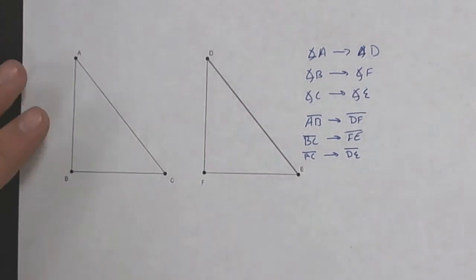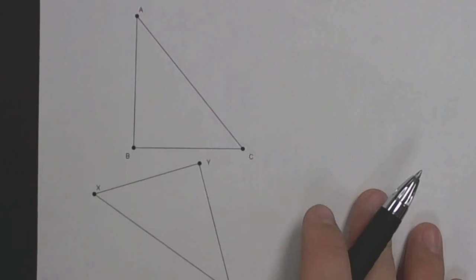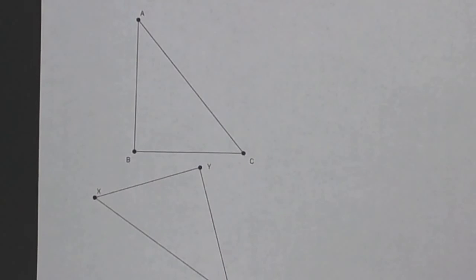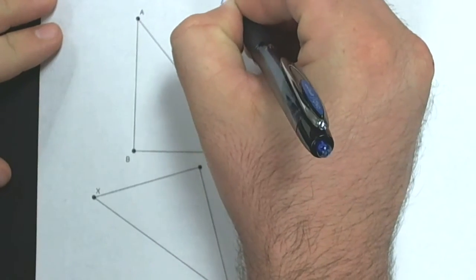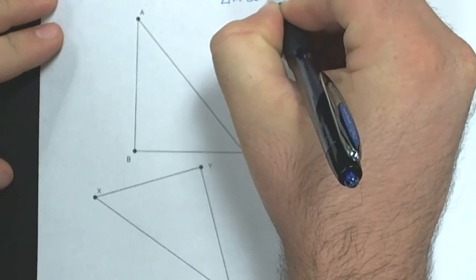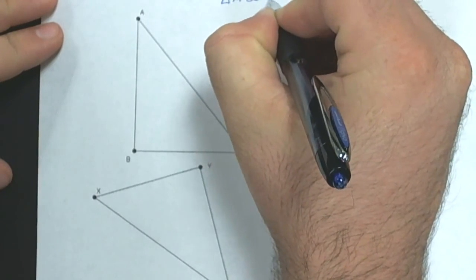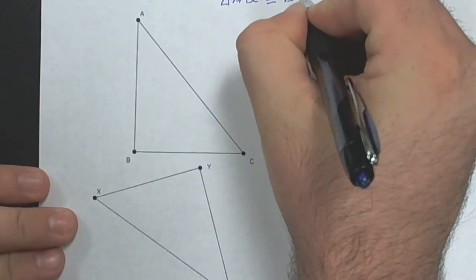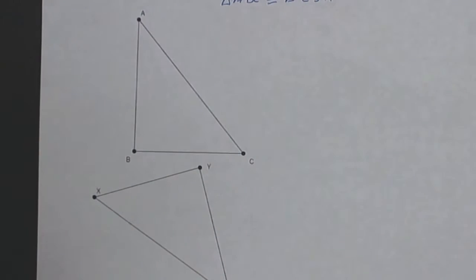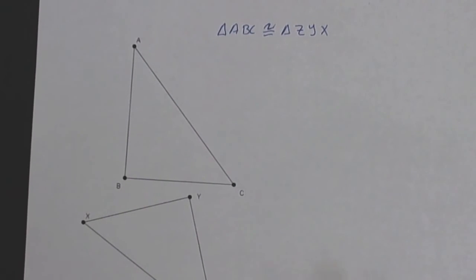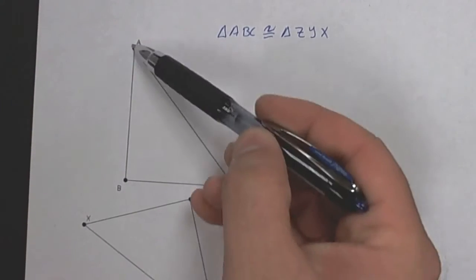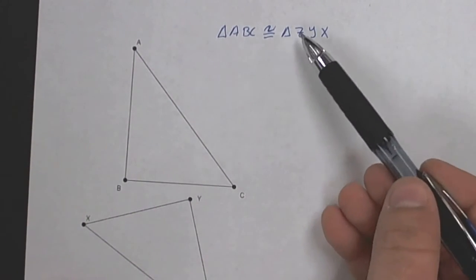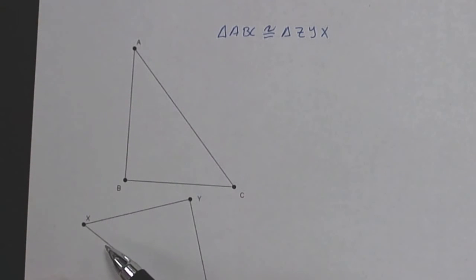Here's a cool part. I have another triangle and I'll explain this next. Then again, I think math is cool. If I tell you that these triangles are congruent, in other words, that triangle ABC is congruent, remember the squiggly line over the equal sign, to triangle ZYX.